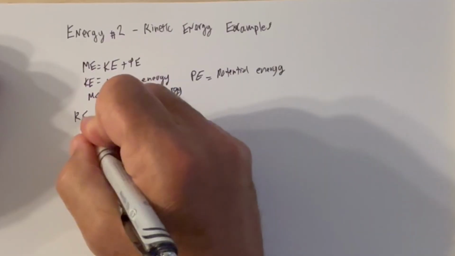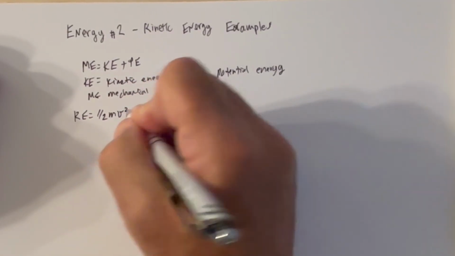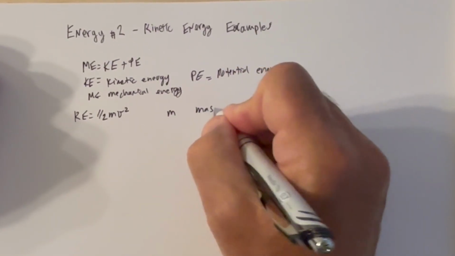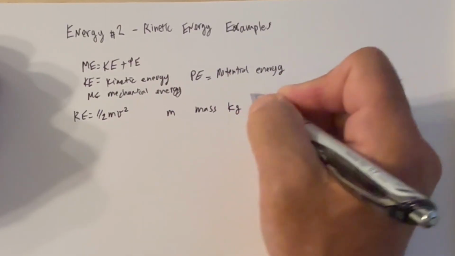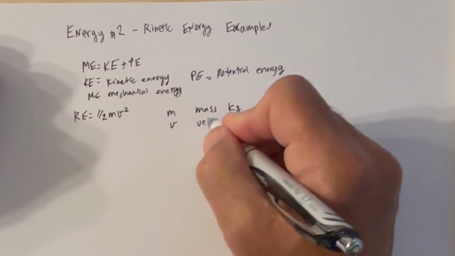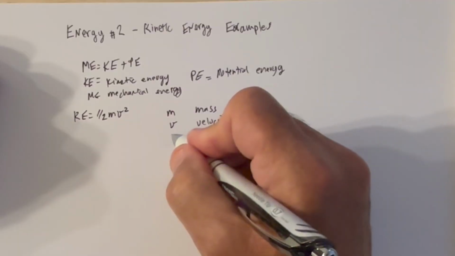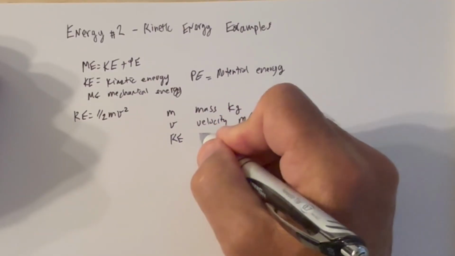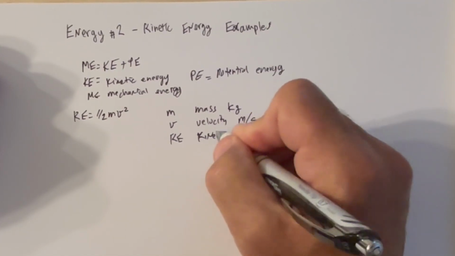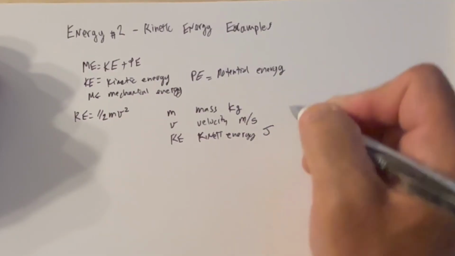Our equation for kinetic energy, remember from last video, is 1/2 mv squared, where m is our mass, expressed in kilograms in the SI system, and our velocity, v, is expressed in meters per second. Our kinetic energy is in units of joules.